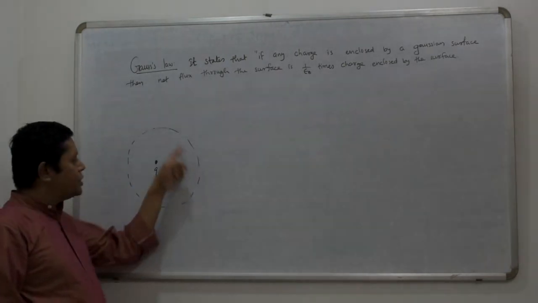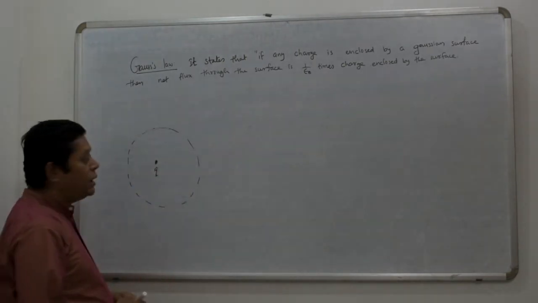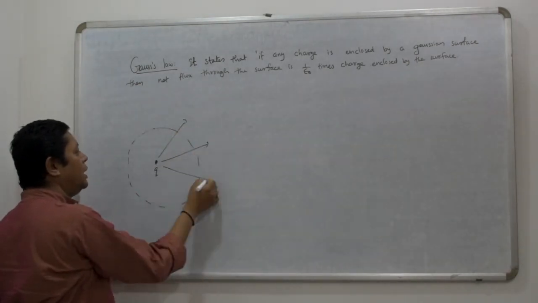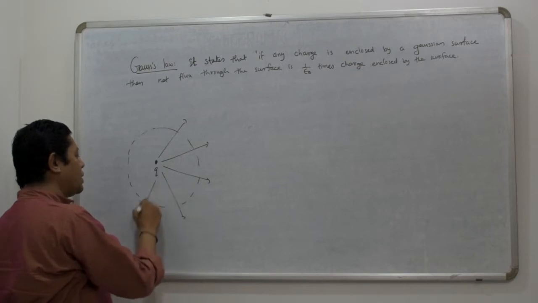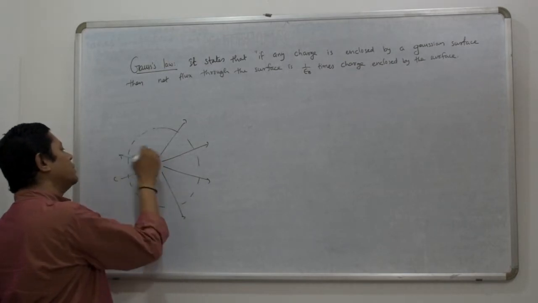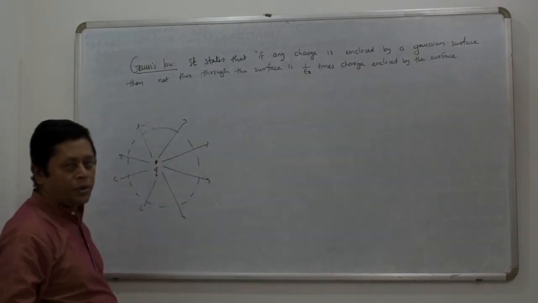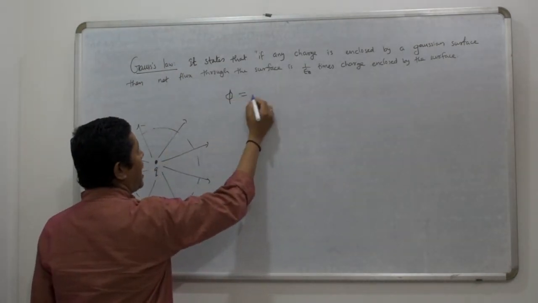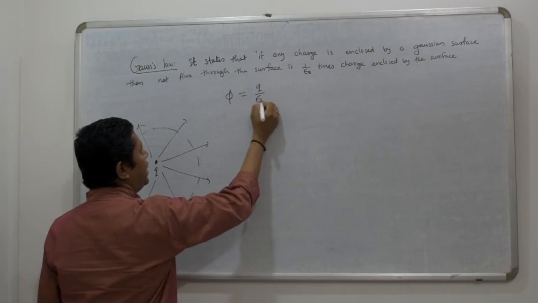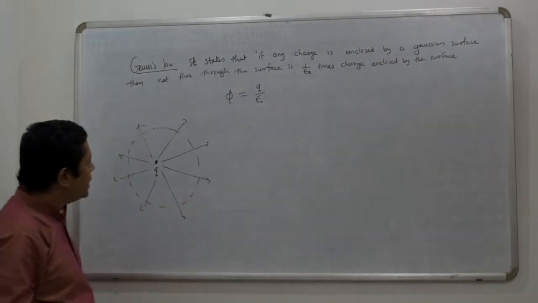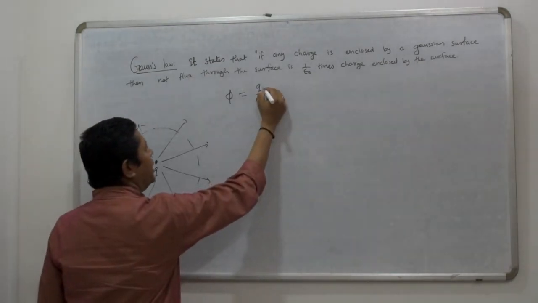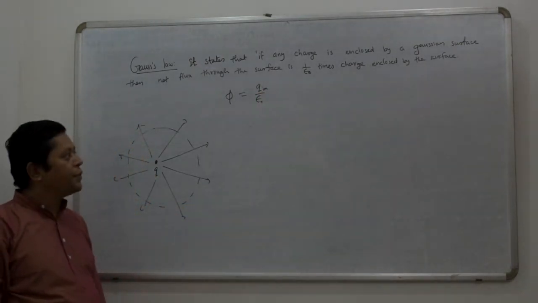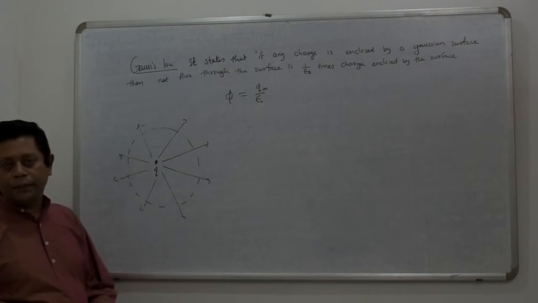If the Gaussian surface is enclosing the charge, then for the net flux through this surface, you know that electric field lines from this charge are outward and crossing this surface. So the flux through this surface, according to Gauss theorem, is phi equals 1 by epsilon 0 times the charge enclosed by the surface. We can write the charge inside the surface as phi is equal to Q in by epsilon 0. This is the statement of Gauss theorem.